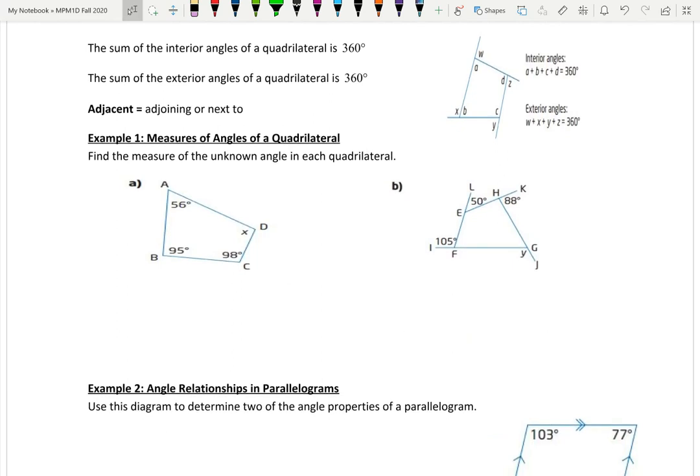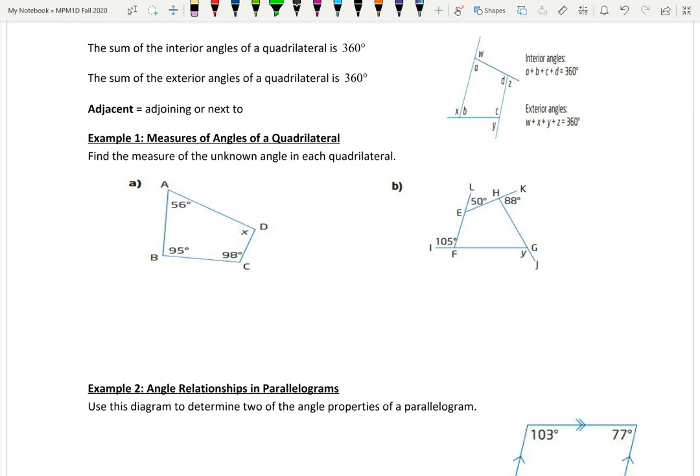The sum of interior angles of a quadrilateral is 360 degrees. So remember, a quadrilateral is a four-sided shape. The interior angles, 1, 2, 3, 4, have to add up to 360 degrees.